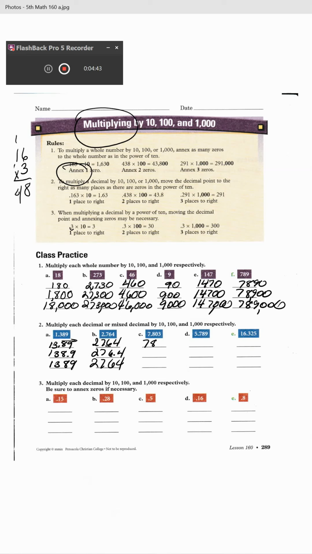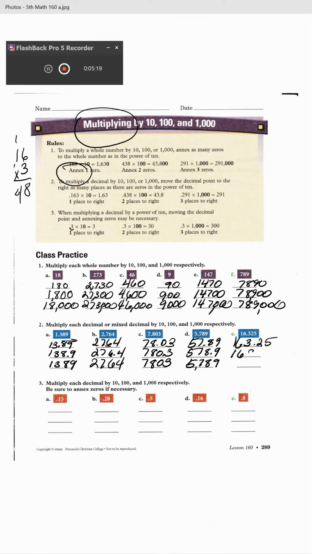7.803 would be 78.03 times 10, 780.3 times 100, 7,803 as a whole number. 5.789 becomes 57.89, 578.9, 5,789. 16.325 becomes 163.25.